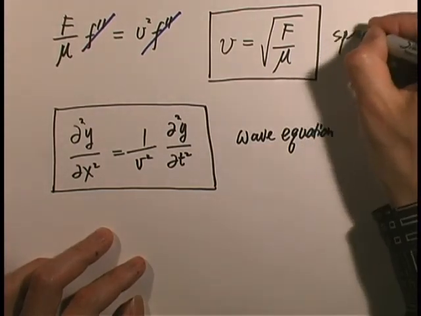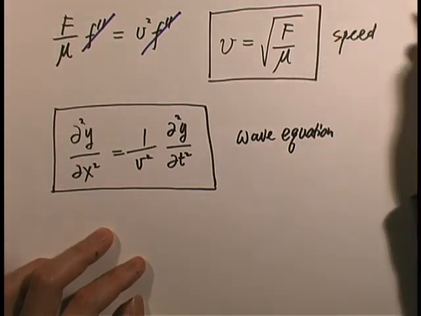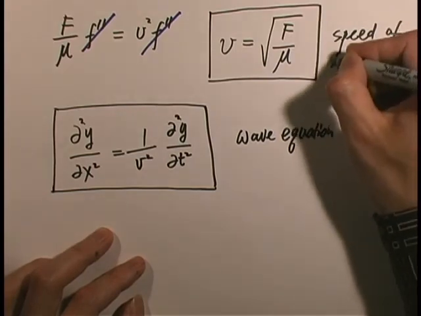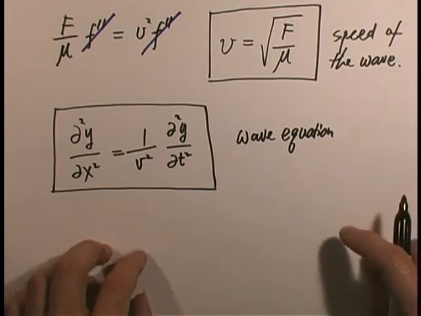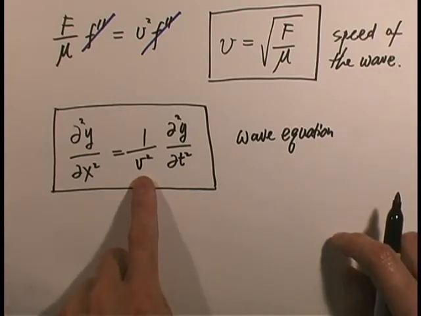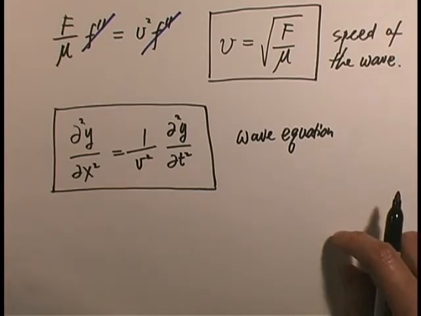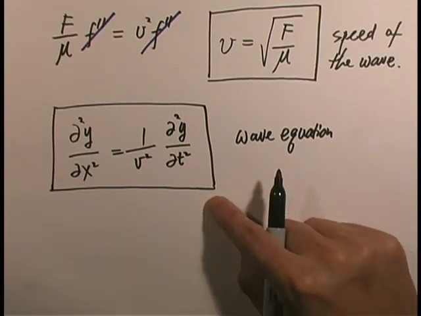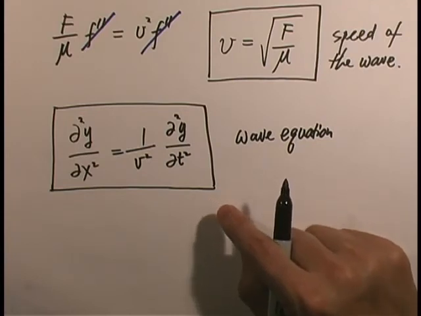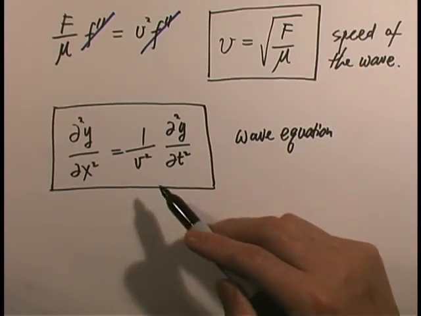That's the speed of the wave, in particular the speed of a wave on a string. The reason I want to replace F and mu with v squared is because this is more general. It is not only valid for a wave on a string, it is valid for many different types of waves with a speed v.